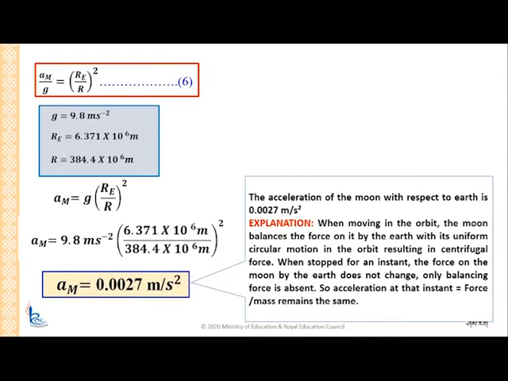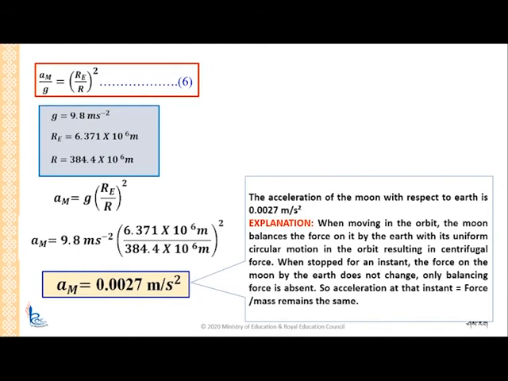And here, if for a while the moon stops, then what will happen? The force on the moon by the earth does not change. The force exerted by the earth on the moon remains the same, but only the balancing force is absent.